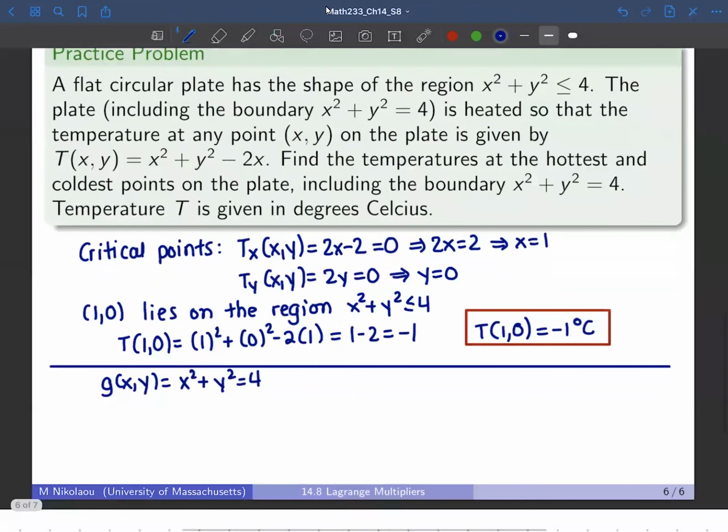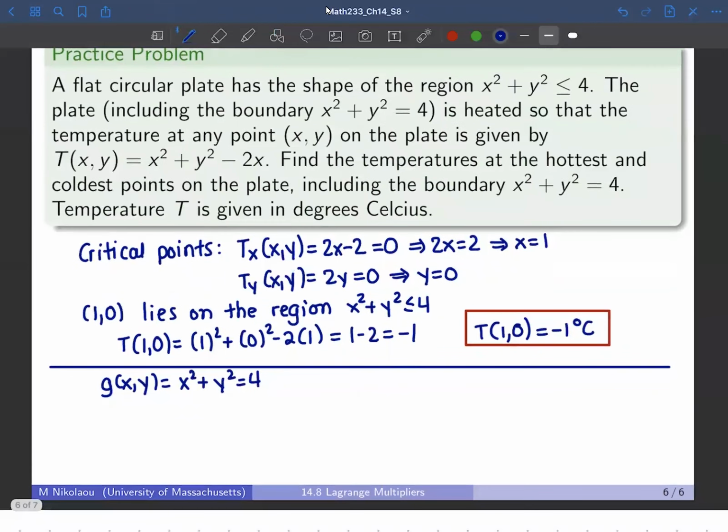So let us check now what we can do in order to find the three equations that we'll need in order to evaluate x, y, and lambda. First of all, we have Tx and Ty that we have actually found, and we also need to find Gx, which is equal to 2x, and Gy, which is equal to 2y.